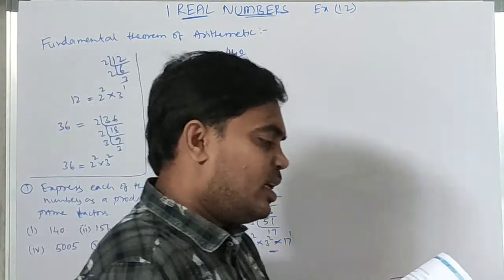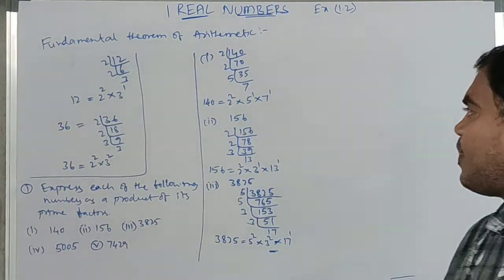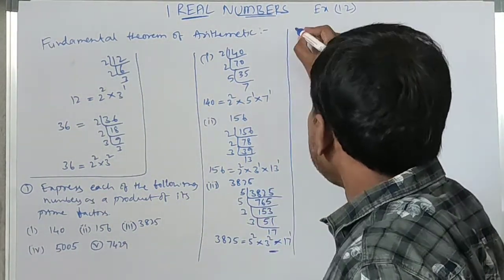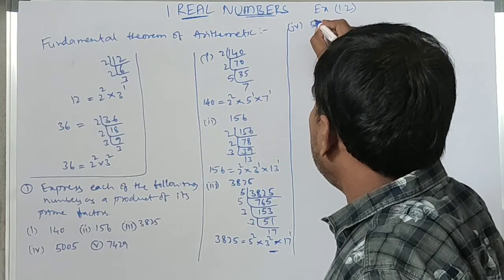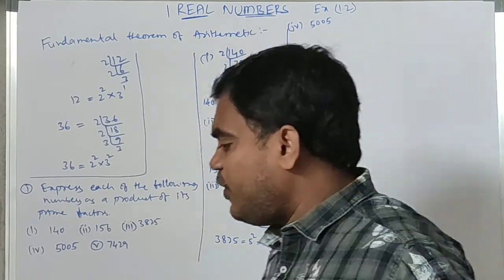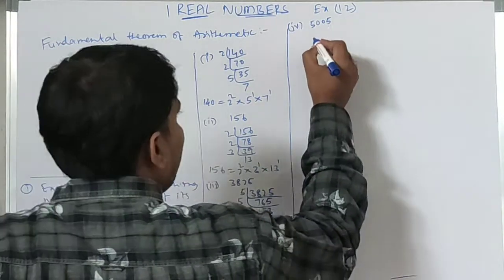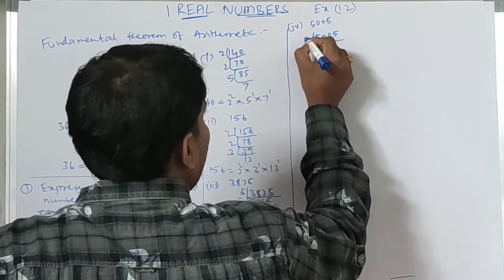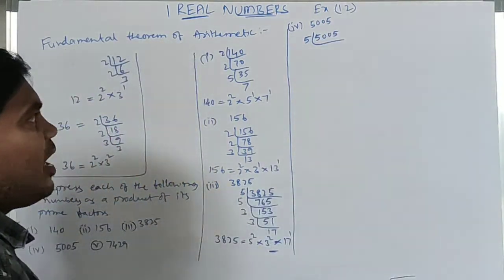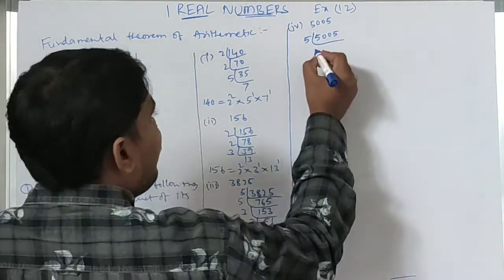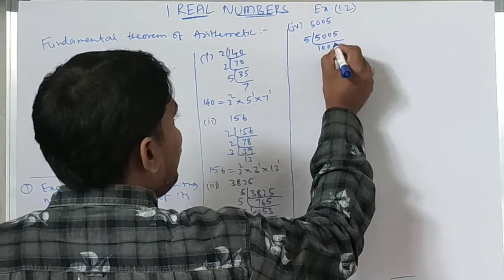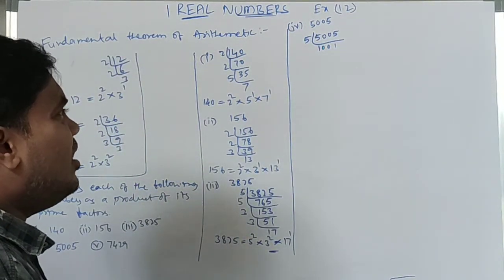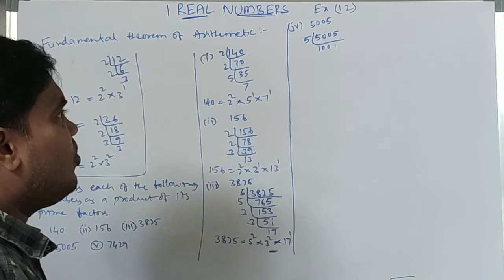Okay, next, the number 5005. The last digit is 5, so I want to take 5. 5 into 1001 is 5005. Now does 1001 cancel with anything first?